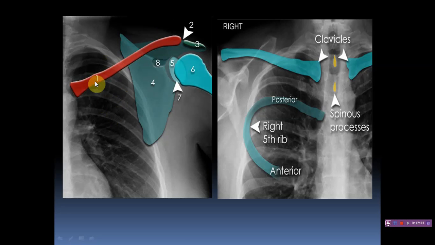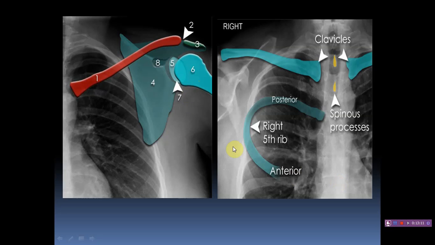Now you can see this is the clavicle, the length of the clavicle bone of the left side. This is the scapula. This is the joint, scapulohumeral joint, and this is the humerus head. This is clavicle, sternal notch with its joint here.